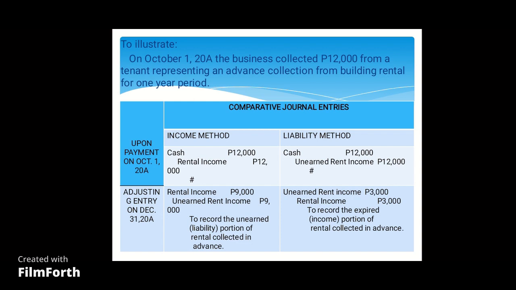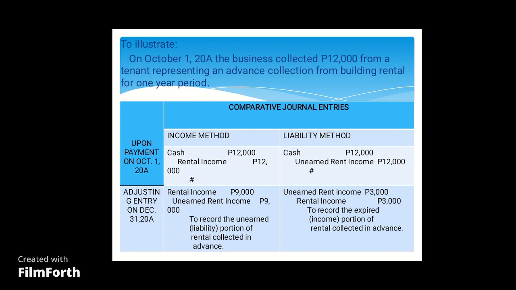So, in adjusting entry on December 31, 20A, under income method, debit rental income, credit unearned rent income with an amount of 9,000, which is the unearned income portion of the 12,000.